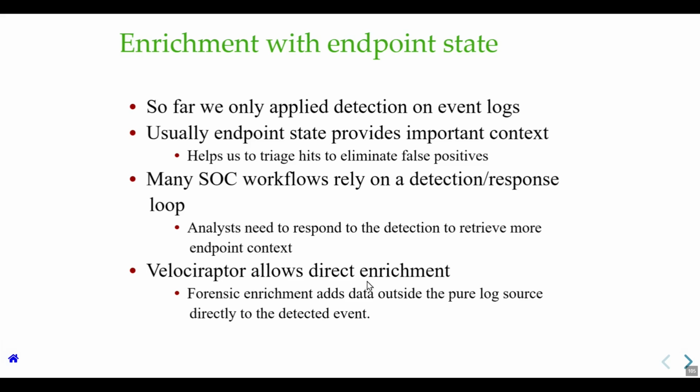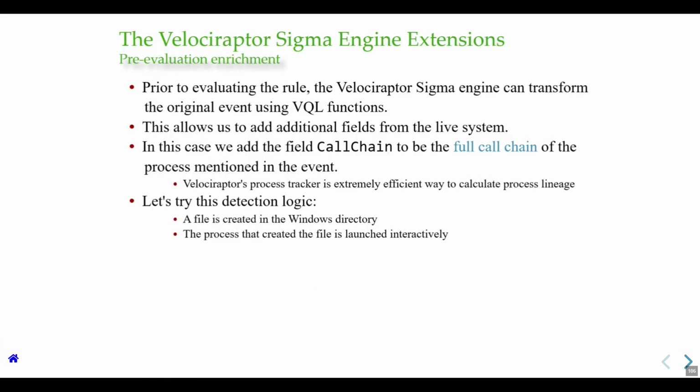So because we have direct enrichment, we can actually enrich the data in the Sigma detection itself. The detection engine itself can add additional data to the detection to be able to get that additional context.